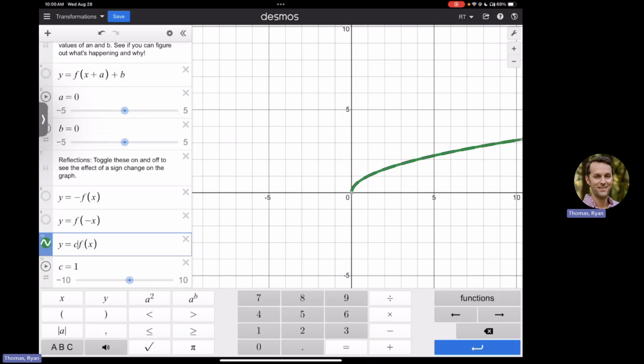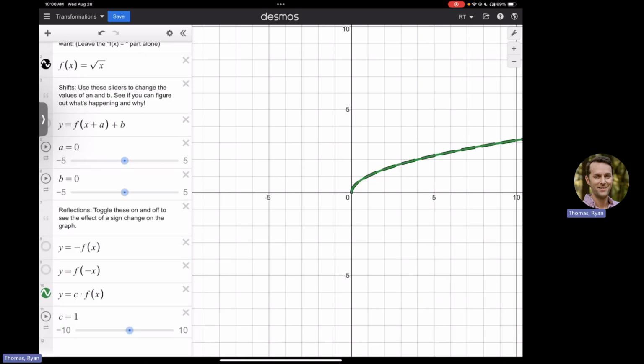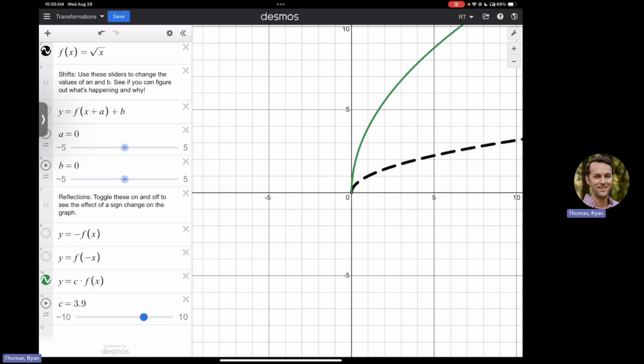It's before the function does its thing, c times f of x. So again, with this square root function, that's like if I had a 2 sitting out in front of the square root or something. C is 1 right now, so it's not changing anything. What that's going to do is scale the function, and what scaling does is stretch it out or shrink it down.